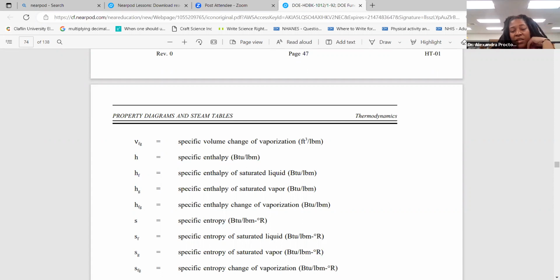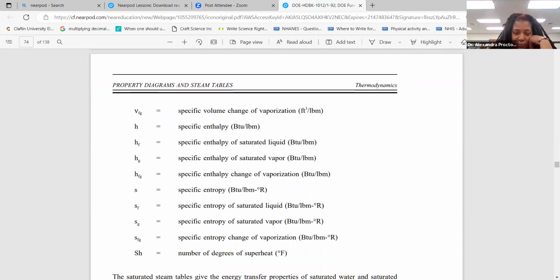And then you have the entropy term. S is specific entropy, that's BTU per pound mass per degree Rankine. S sub F is specific entropy for the saturated liquid, that's BTU per pound mass per degree Rankine.